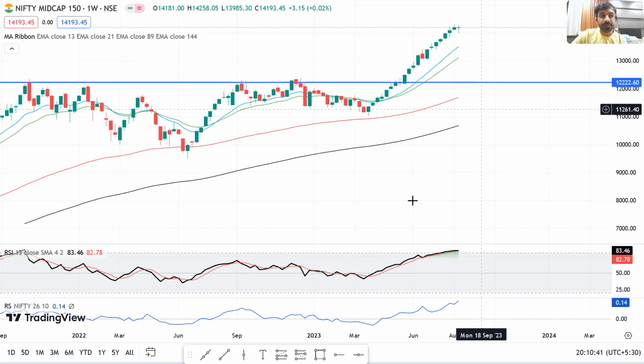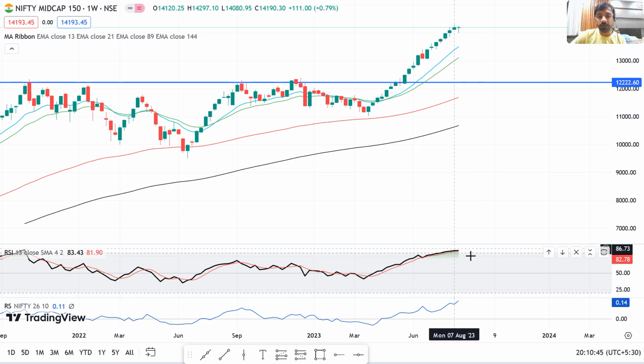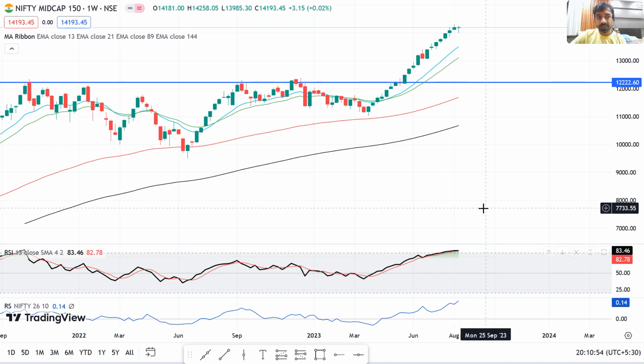We can see midcap is comparatively much stronger, but it is also in this overbought area, which does not mean that it is going to fall. You can see it has been in the overbought area for a few weeks, definitely outperforming the index. RS is a number which shows outperformance relative to Nifty.